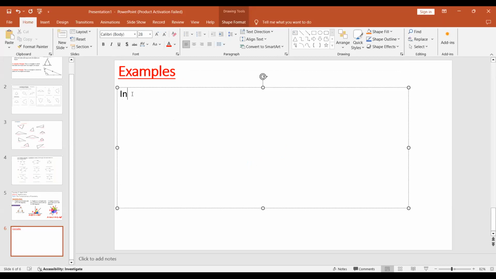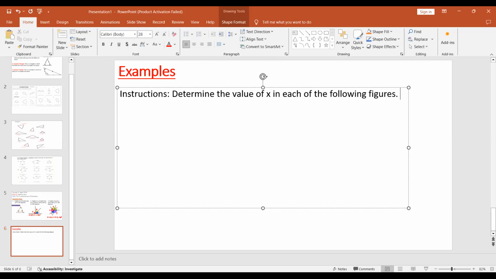You want to determine the value of x in each of the following figures.